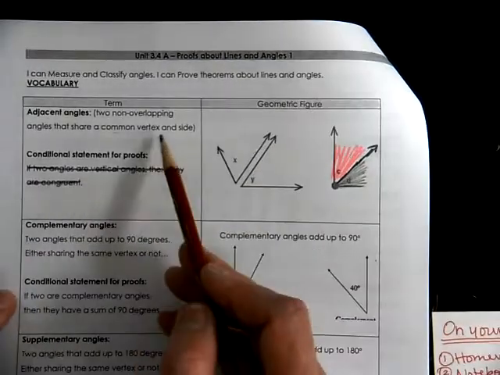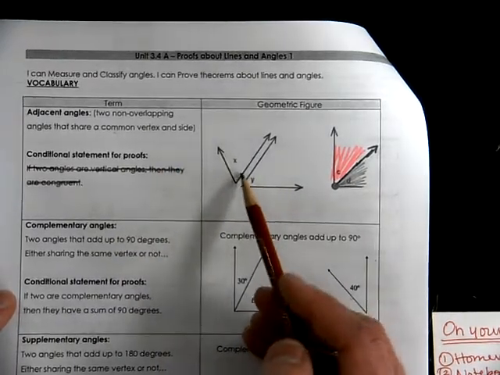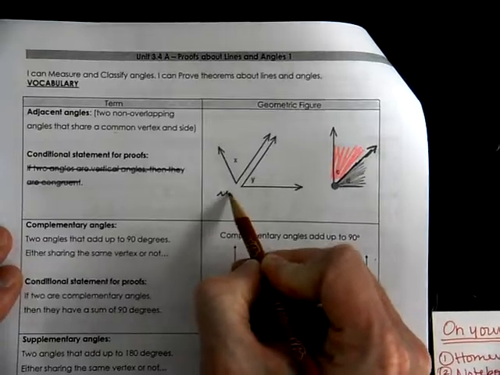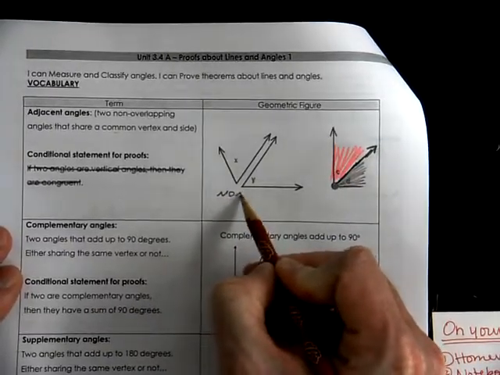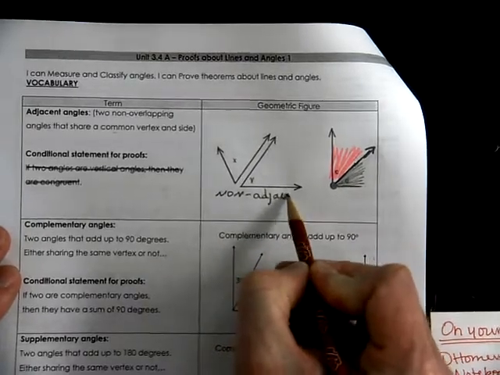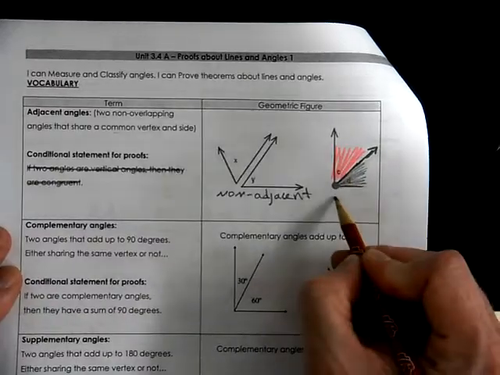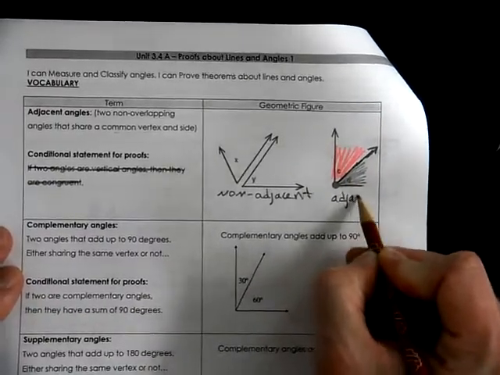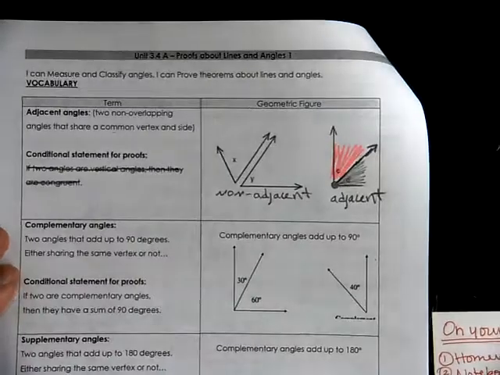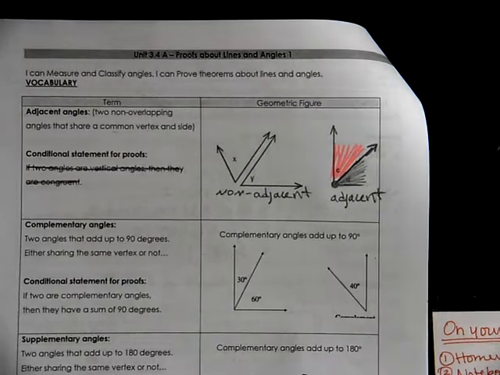So no, they have two different vertices, two different pairs of sides. So we'd consider that non-adjacent. These over here would be adjacent. So there's an example of adjacent angles and an example of non-adjacent angles. We'll see some more examples of non-adjacent in the future.